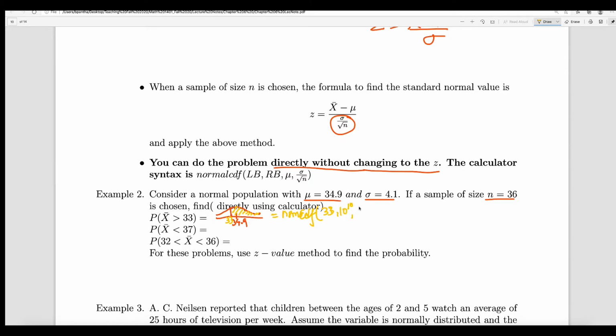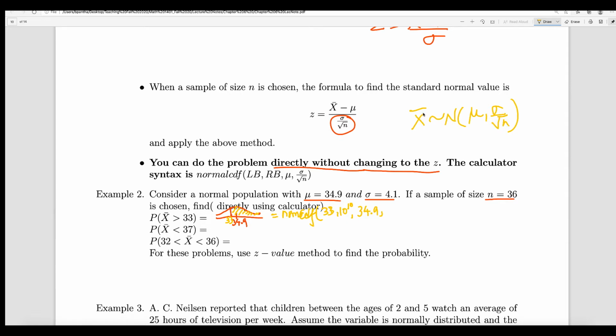What is mu? Mu is 34.9. But instead of sigma, what we put is sigma over root n. That is the standard deviation of x bar, right? Because what we know is x bar is normally distributed with mean mu and standard deviation sigma over root n. If it was x, then there would be no root n, because n would be 1 in that case.